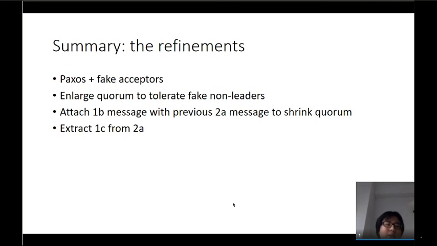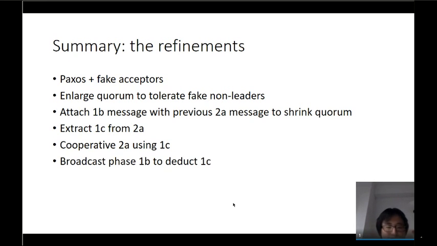And next, to tolerate the lies from leader acceptors, we extracted phase 1C from phase 2A, and then using this phase 1C message, we made phase 2A into a cooperative phase, right?